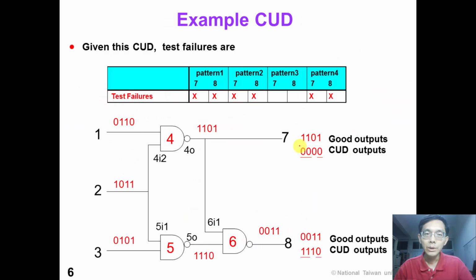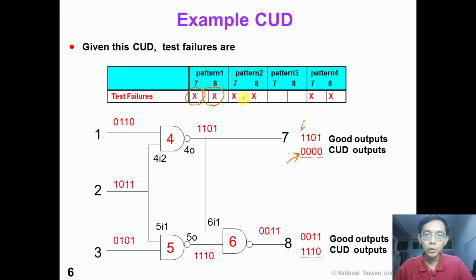Now let's return to our example circuit under diagnosis. For this particular circuit, we apply 4 test patterns. The corresponding good outputs and the CUT outputs are shown in this figure. For test pattern number 1, both output 7 and 8 fail the test.